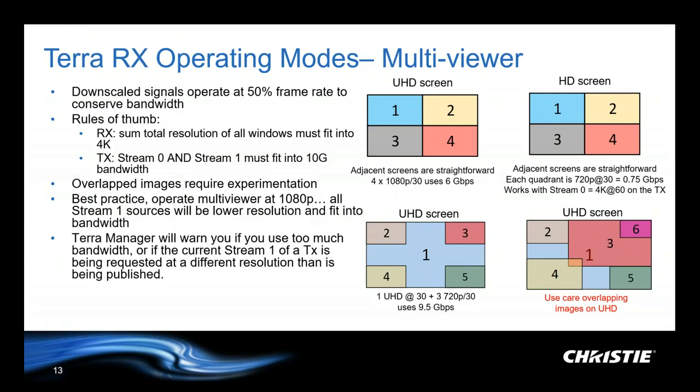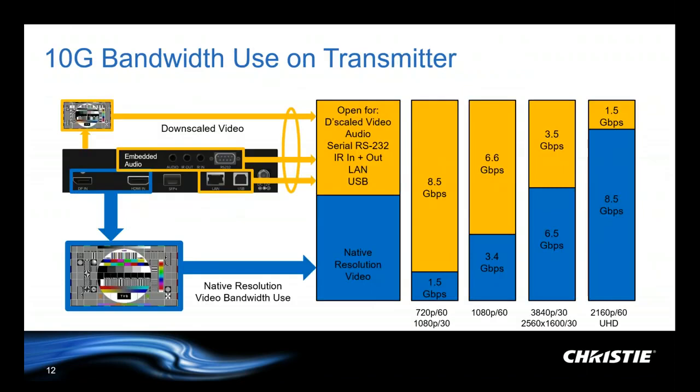So if I go back to this slide, as you can see, the video is being published on the network twice, but only twice in two different sizes. So stream 0 in its native resolution and stream 1 in a downscaled version.